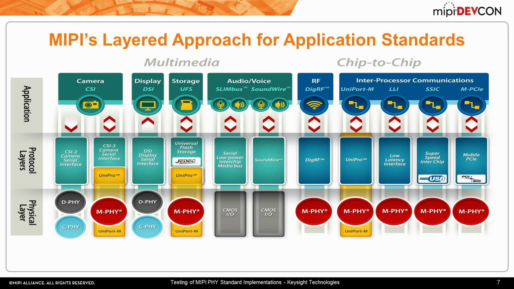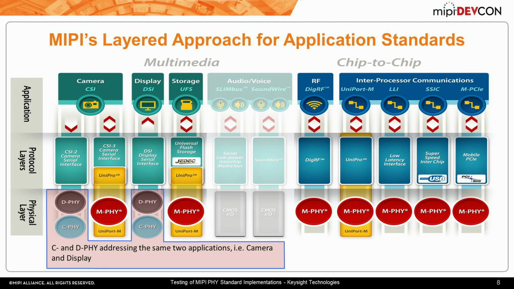But if you look at the partition here, primarily you see D-PHY and C-PHY for camera and display interfaces. And then M-PHY actually is specified as the physical layer for a lot of other different interfaces. The primary one being UFS right here, where M-PHY sits below the UniPro protocol stack.